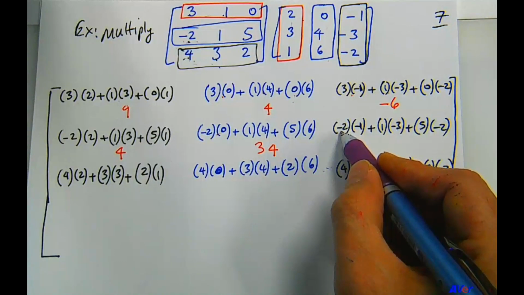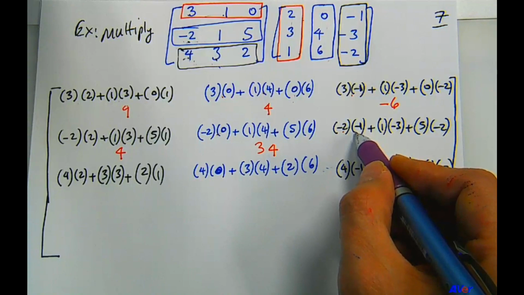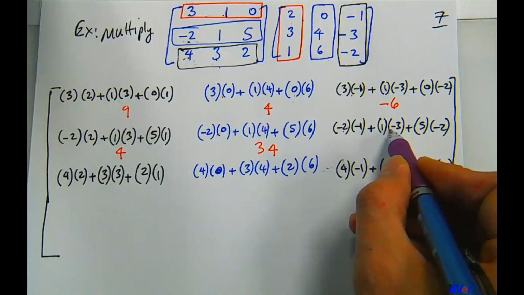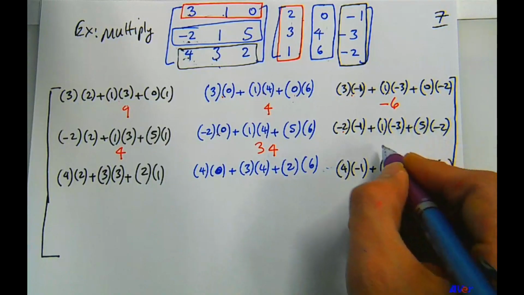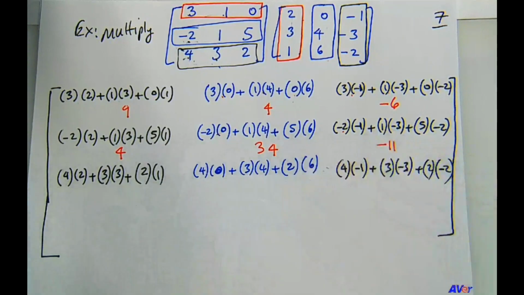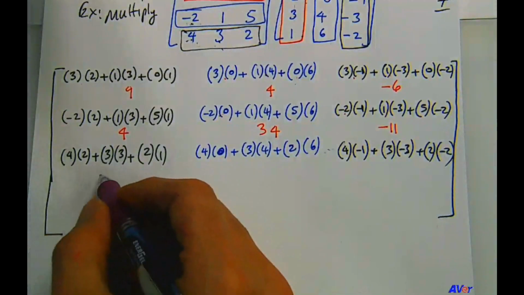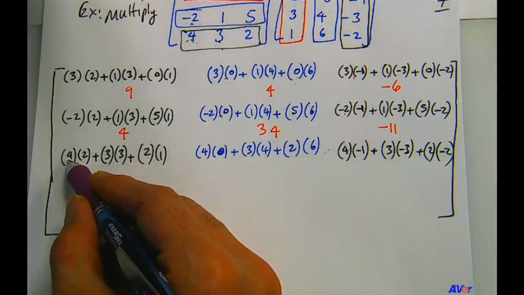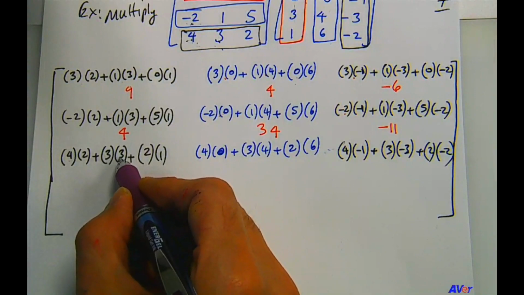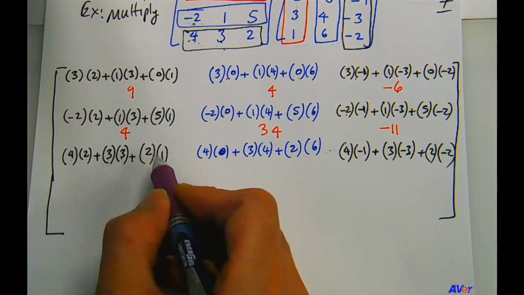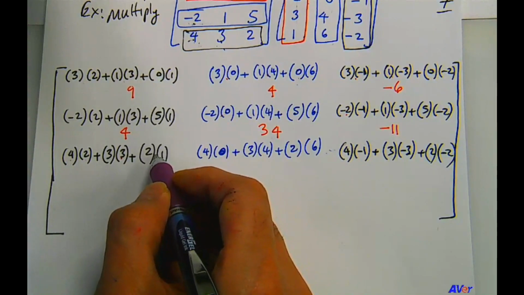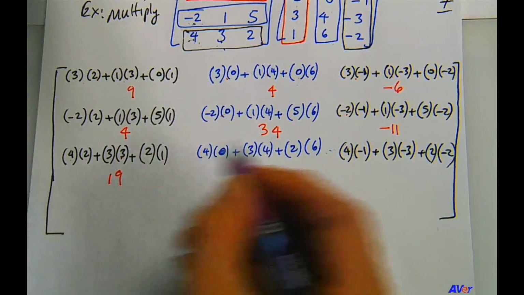Over here we have positive 2, right? Negative 2 times negative 1 is positive 2. Plus negative 3, that's negative 1. Plus negative 10, that's negative 11. Okay, we're working our way through all this arithmetic, basic math. So 8 plus 9, that's 17, plus 2, that's 19.